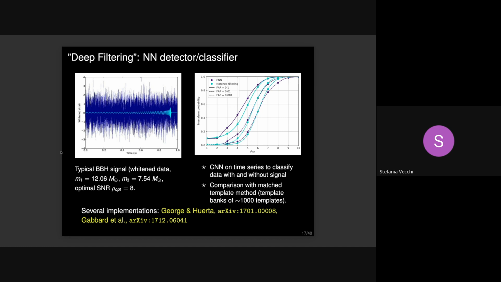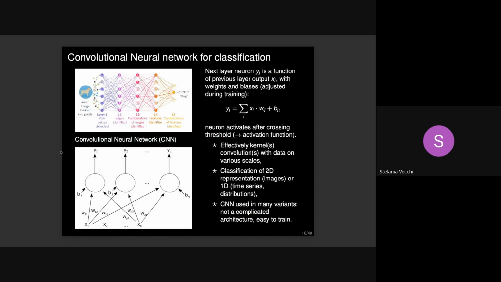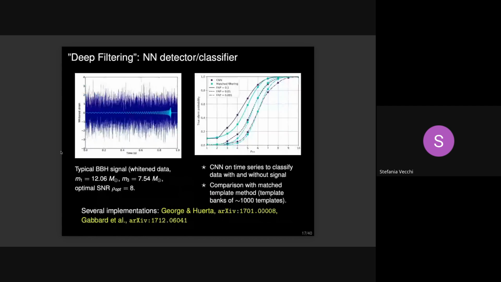But the usual thing is that you produce a lot of such examples of known waveforms and feed them to such a network that reads in this 1D time series, and this has a label: it's a signal, but without it, it would be just noise or a glitch or something else.